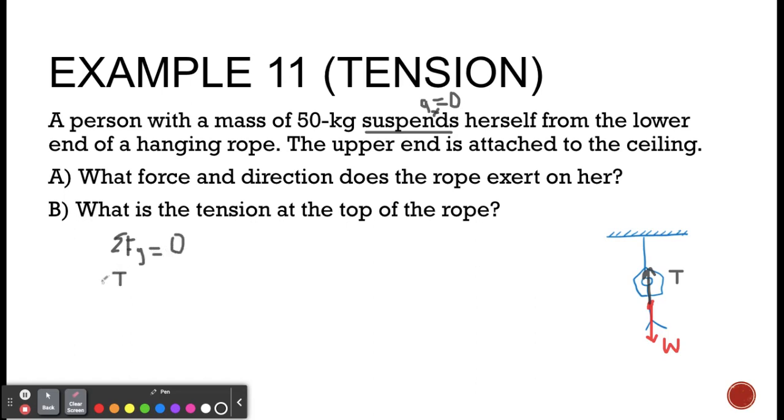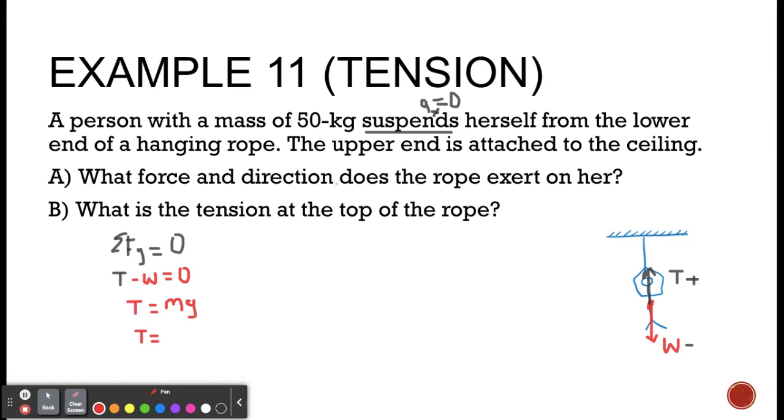So the tension is going to be in the positive direction because it points up. Weight is going to be pointing down, so it's going to be in the negative direction. So we have tension minus weight is equal to 0. We figure out that the tension is equal to the weight of the object, which is mass times gravity. So tension is going to be positive in the positive direction, or 90 degrees to the horizontal.